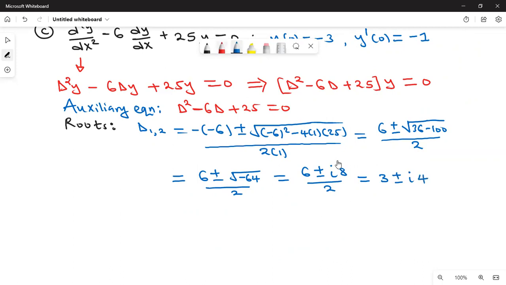The iota here is the same as the square root of negative 1. So these are complex conjugate roots. So let's say this is alpha, and this other one is beta.